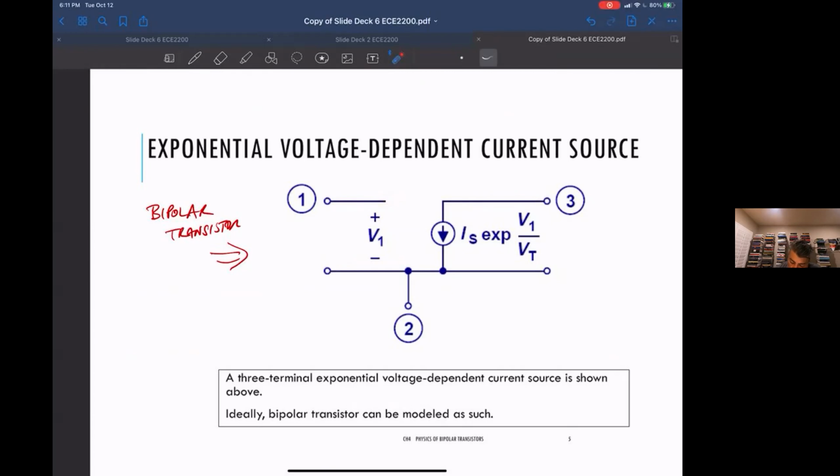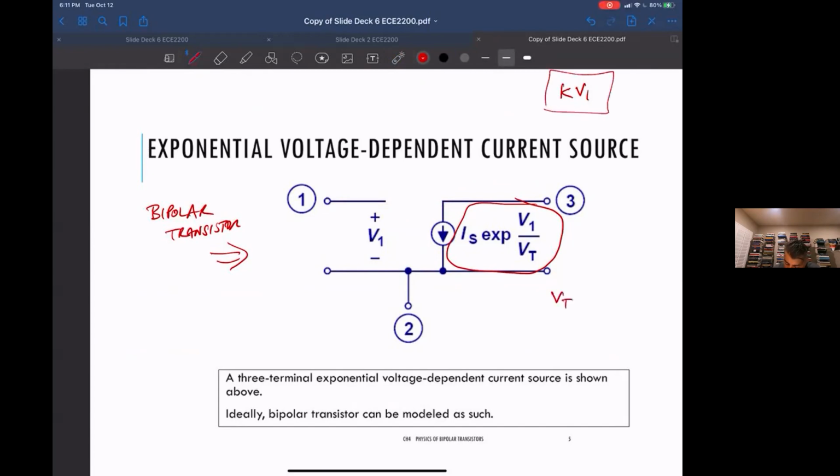Now, the difference between what we're drawing here and the circuit that we had before is that a bipolar transistor is an exponential voltage dependent current source. So it's not just K times V1, but this function, exponential of V1 over V sub T. So it has a much stronger dependence of the output on the input than just multiplying a constant by V1.